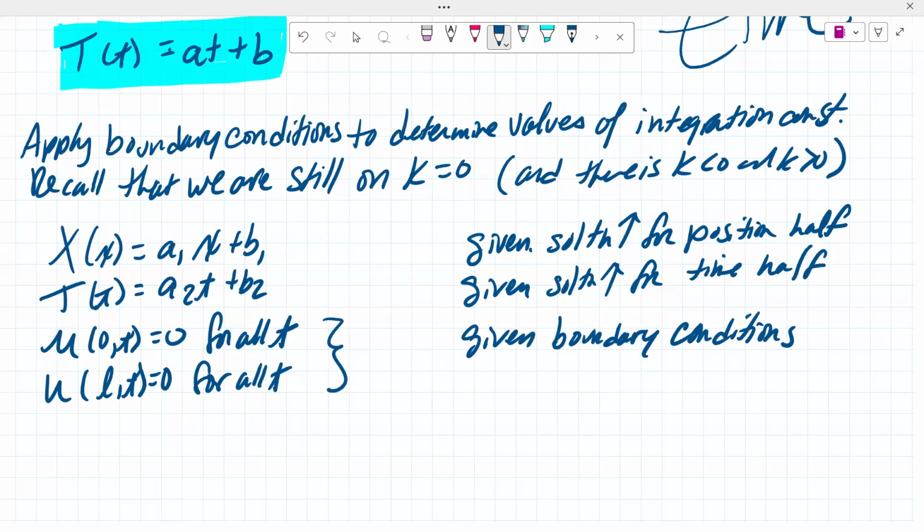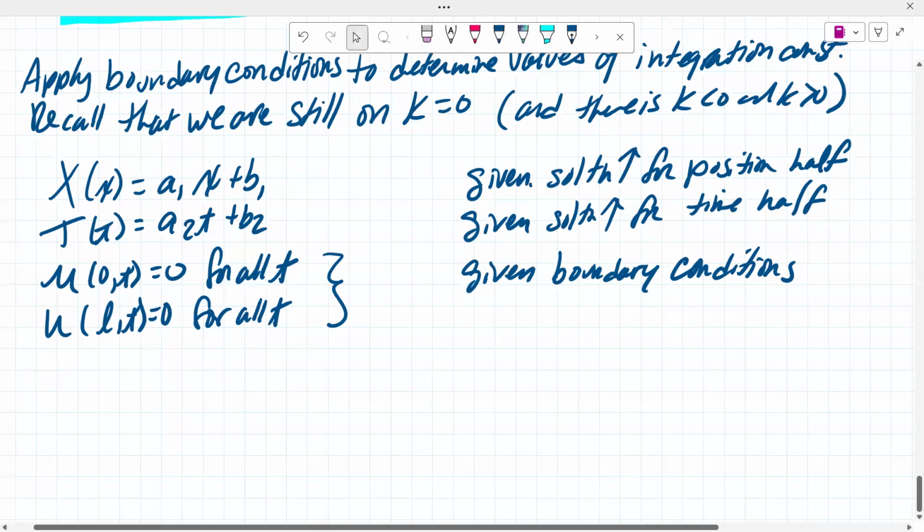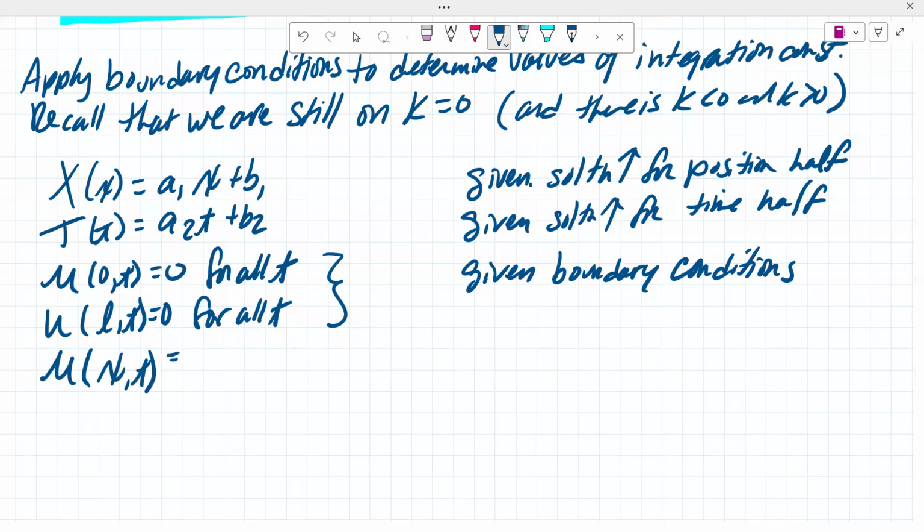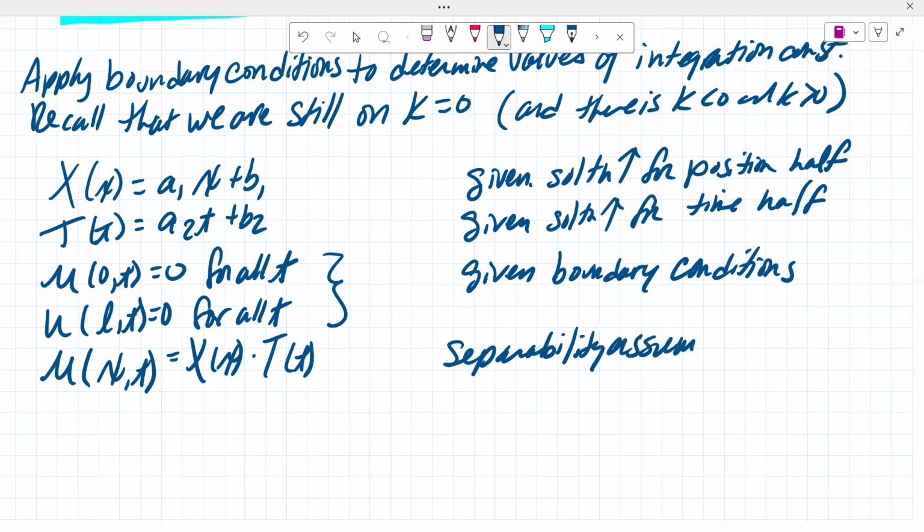Okay, so that's these two. And we also have another piece of information, which we're going to pull from above as well. u of x and t equals X of x times T of t. This was our separability assumption from above.